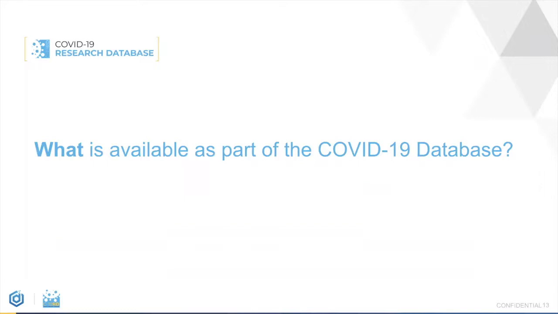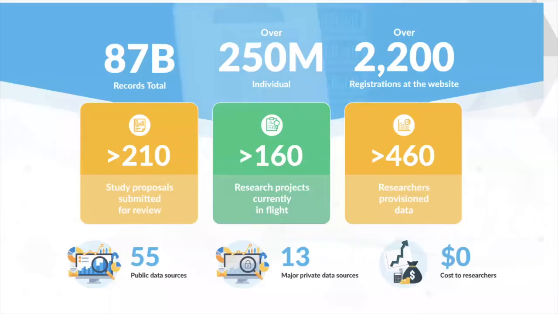Okay, so what is in the database? We get the sense of what the framework around it is, but what actually is in the database itself? The database is over 87 billion records, and it covers over 250 million individuals across all of the data sets. And you'll see at the bottom, there are 55 public data sources. We allow anyone to bring public data in as long as it's made available to the research community, everyone using the database.